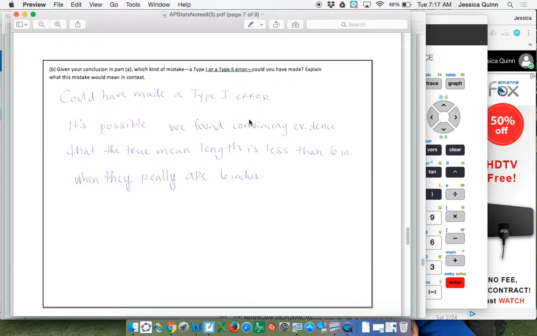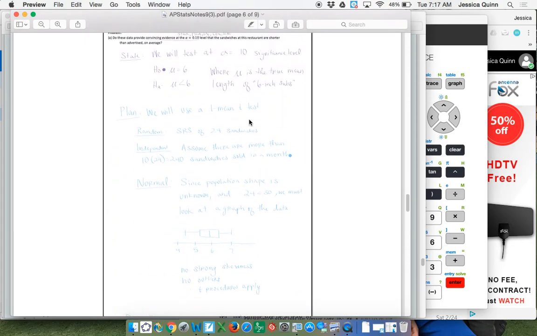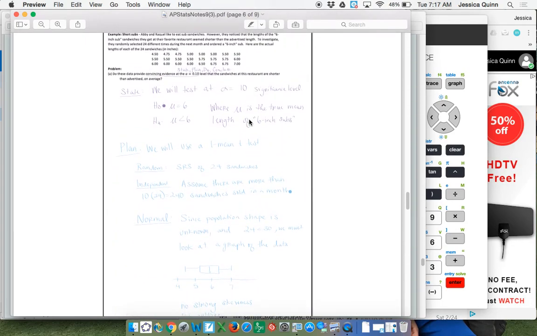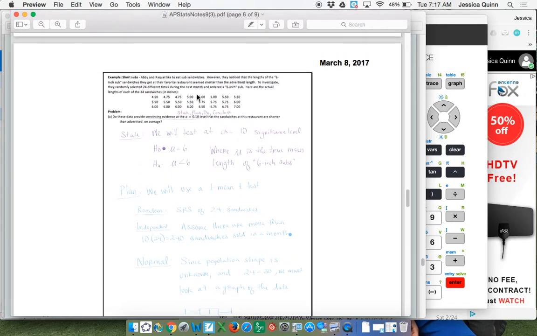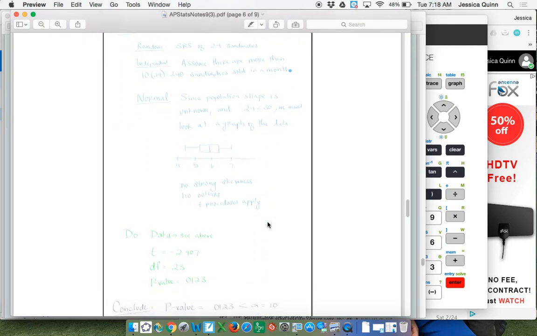And again, I posted the notes that had all of the work for this example, the subs example. I think it's a pretty straightforward example, another one where we had to do a box plot.